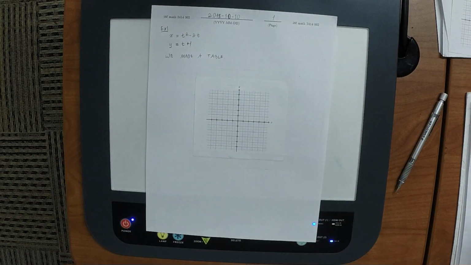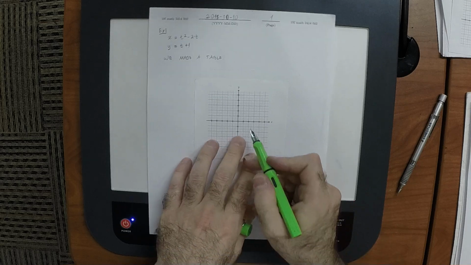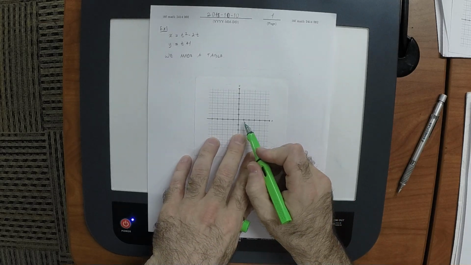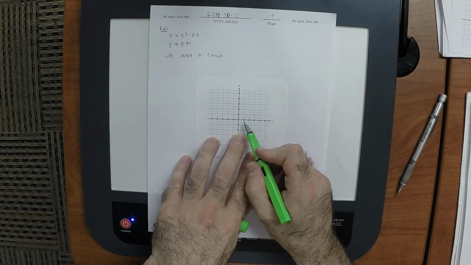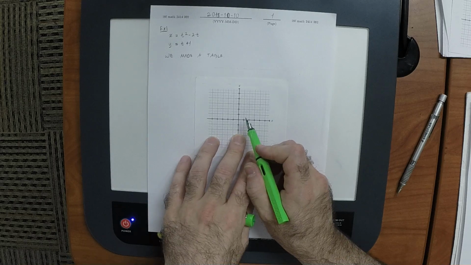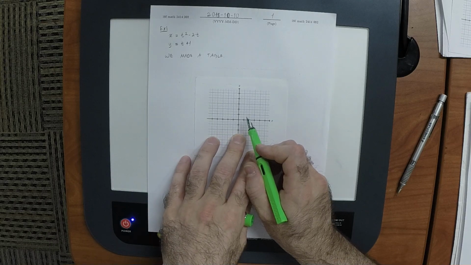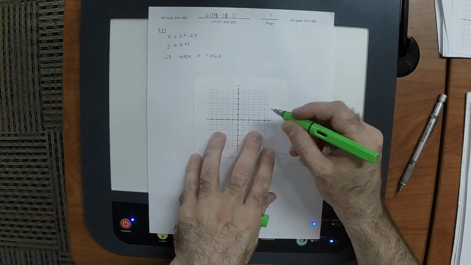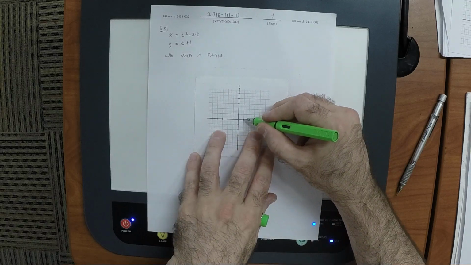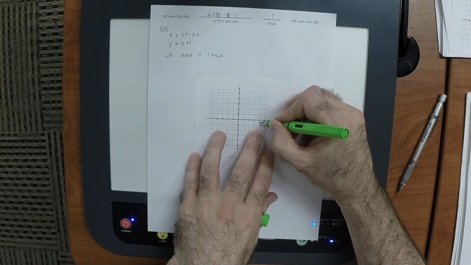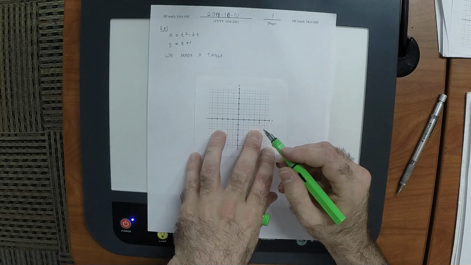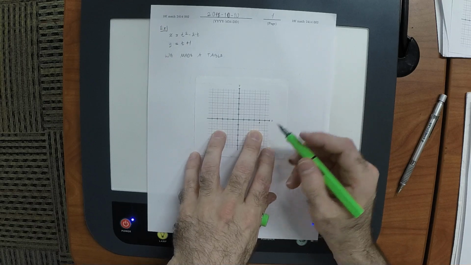And when we did that, we got the following results. If I call those big tick marks 2, then we had a point at 8, negative 1. So that'd be 2, 4, 6, 8, and then negative 1. And we had another point at 3, 0.